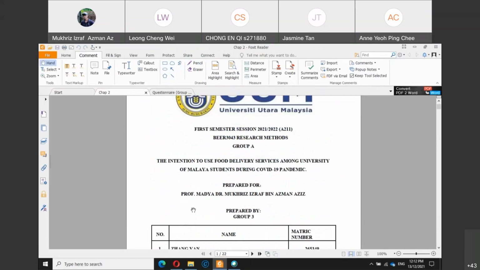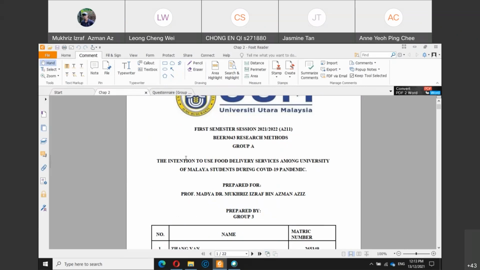You need to know the population size of Universiti Malaya students, so that from there you can use the Krejcie Morgan table to determine the minimum sample size that you need to distribute, or to collect information. Without that, you cannot determine the appropriate sample size. So where do you plan to get the information from?